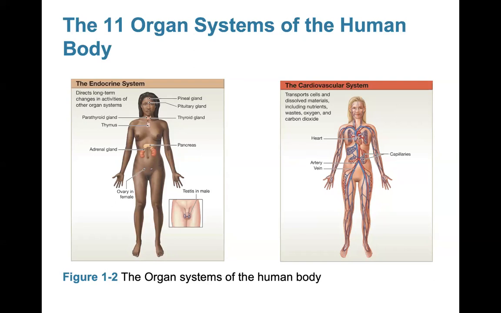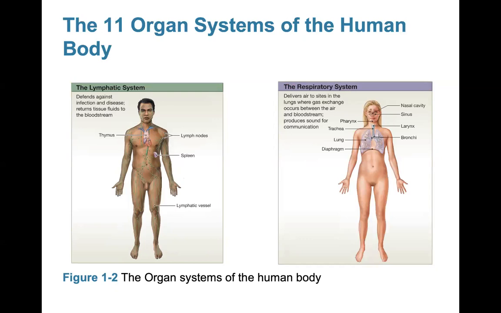The cardiovascular system, this transports cells and dissolved materials, including nutrients, waste products, oxygen, and carbon dioxide. Oxygen and carbon dioxide are referred to as our respiratory gases. And this particular system involves the heart, as well as all of our blood vessels, which would include things like arteries, capillaries, and veins.